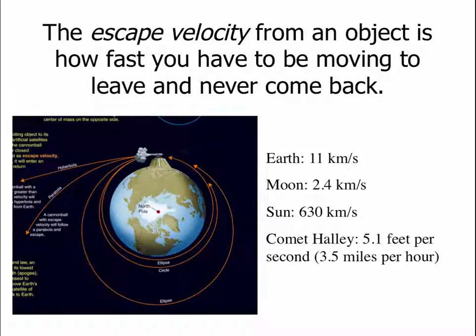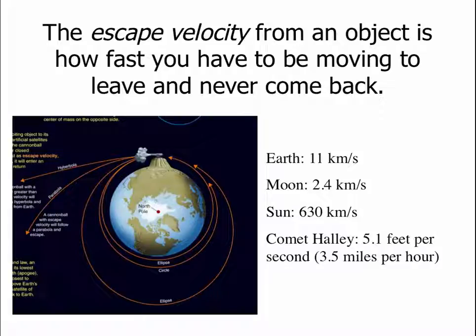The sun's a lot more massive than the Earth, a lot bigger than the Earth, and for the sun you need to be going at 630 kilometers a second to leave it and never come back, at least if you were standing on the sun. Now if we go the other way, Halley's Comet, comets are just a few miles across.